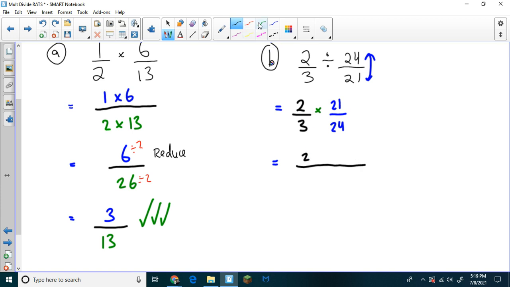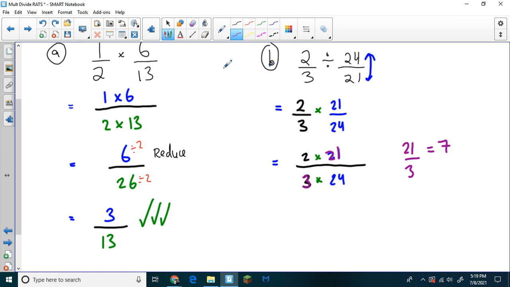This is going to be 2 times 21 over 3 times 24. You can just multiply them through if you'd like. Or, if you look, I have 21 over 3. So what's 21 over 3? That just equals 7.